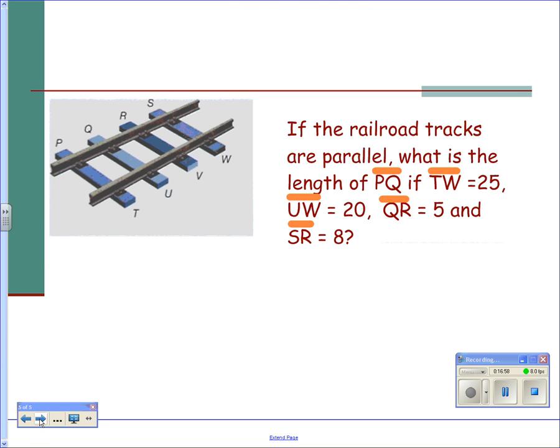This is a picture of a railroad track. Obviously, yes, railroad tracks are more accurate, but we're looking at it from an angle. We're looking at the picture of it, not an actual railroad track. Does that make sense?